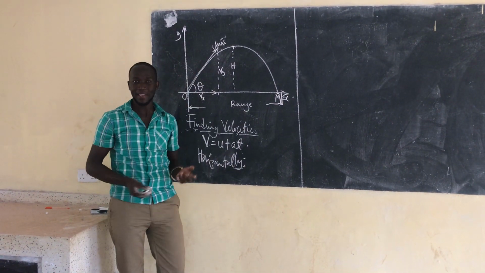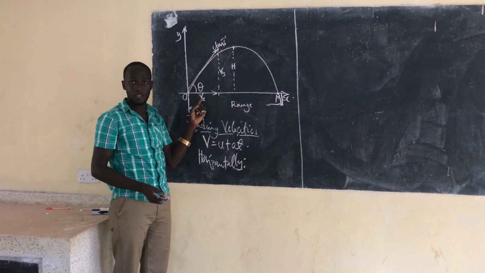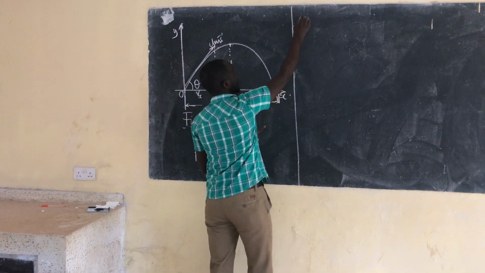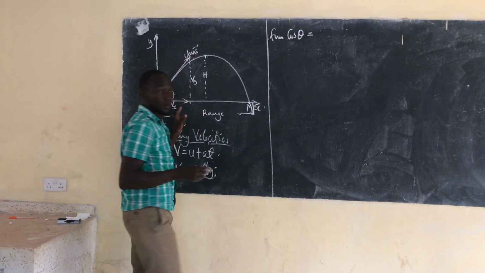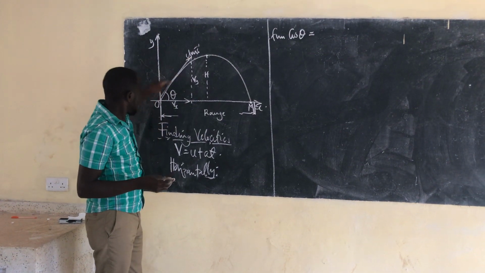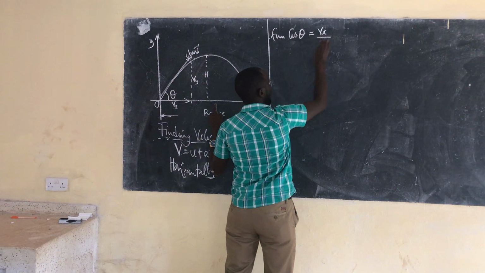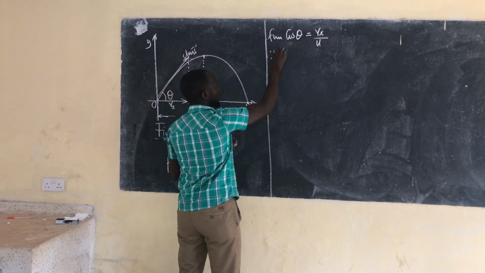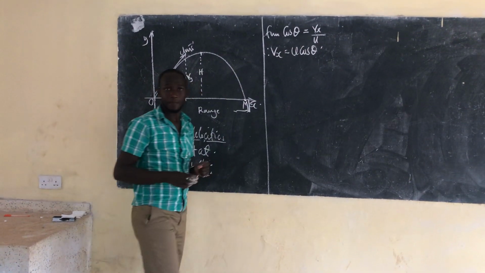And that is the cosine, because the hypotenuse is u and the adjacent is this, and it's what we are looking for. So you say cos of theta is equivalent to the adjacent out of the hypotenuse. So we shall have adjacent Vx out of the hypotenuse, which is u in this sense. Finally, we shall have Vx giving us u cos theta.